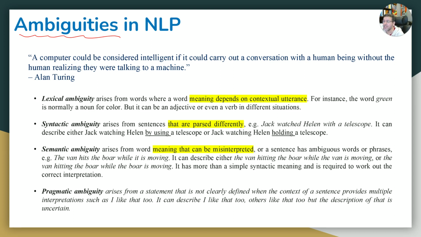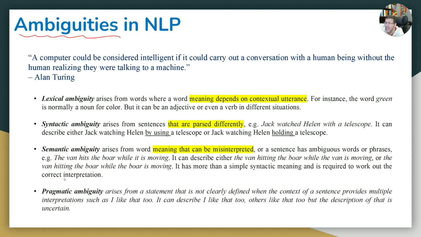Both of them mean the same, but of course in one I mean what I said, and in the other I'm questioning myself if I really love you. So there are many ambiguities: lexical, syntactic, semantic and pragmatic ambiguities.